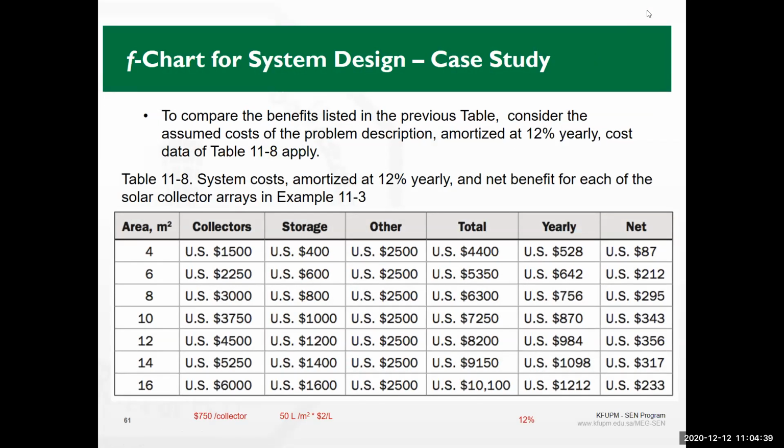Where's the best saving? The best saving is coming from the highest value here, which is basically 6 collectors. So the saving is $356. If the weather conditions change the next year, you are going to have different savings. It might not be 356, but it will be an ultimate saving anyway.